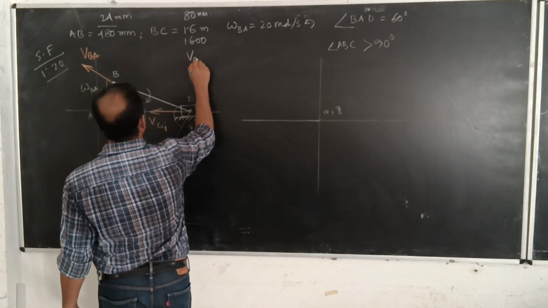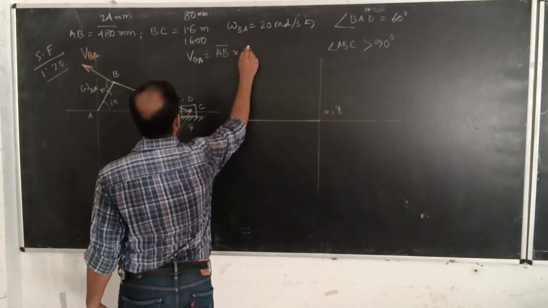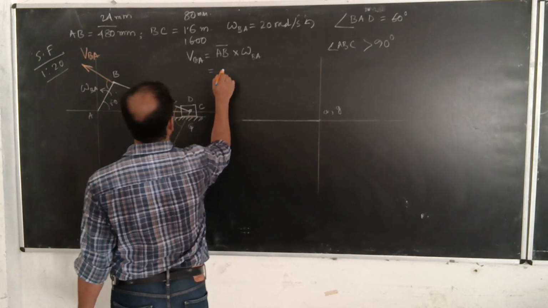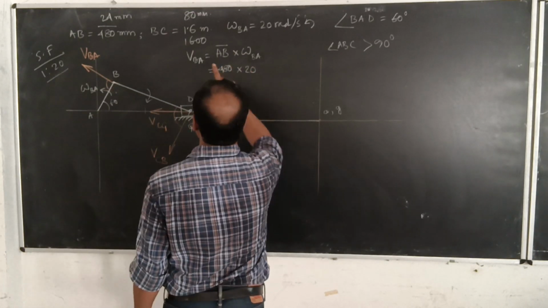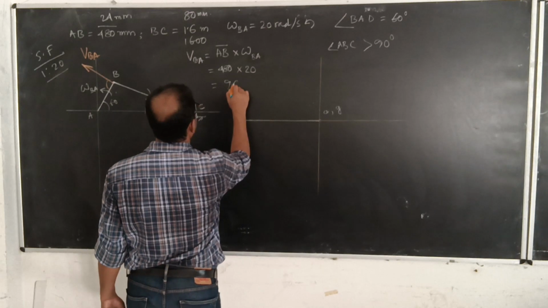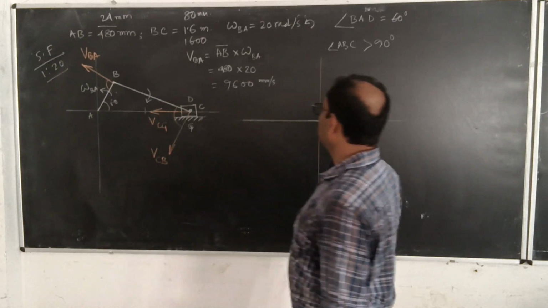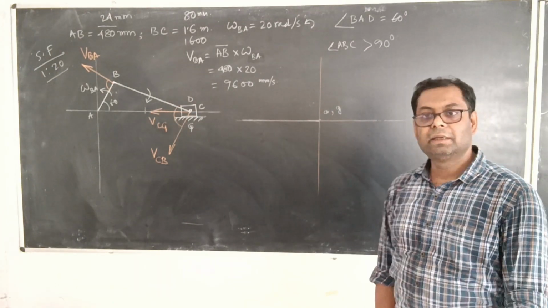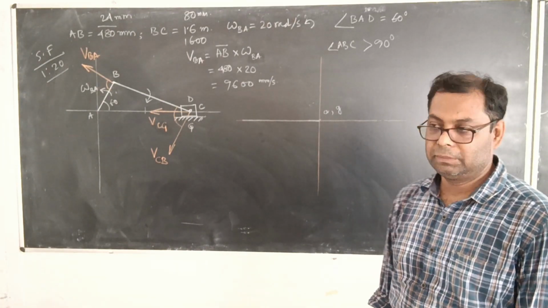So we know that VBA... So you got the value of VBA, which is equal to 9600 millimeter per second, which is nothing but 9.6 meter per second also.